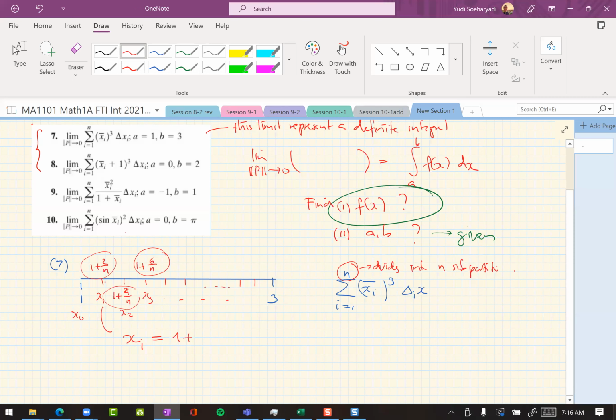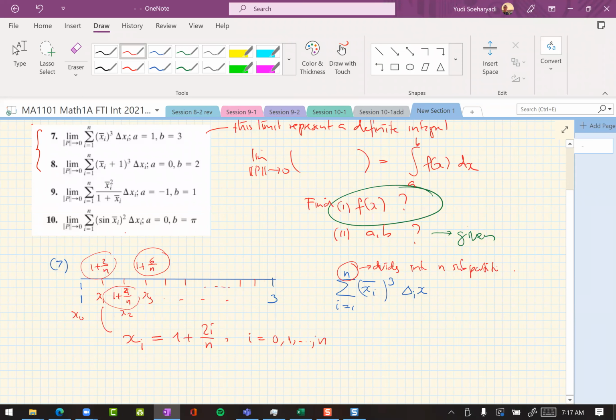So what is x_i? Is it 3i over n? 1 plus 3i over n? I mean 2i over n. Right, all right, good. There we go. So i starts from 0 till n. Okay, so this is what we have.